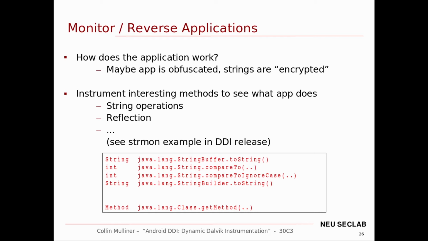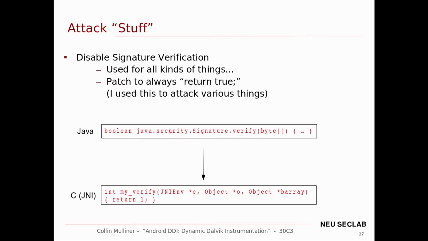Comparison functions are always interesting because applications might use them for control flow changing operations. Those are the interesting points in the application. Then there are a bunch of string classes, and of course the get method, which is used in reflection, so you can see what methods are actually being used. Very, very simple demo.